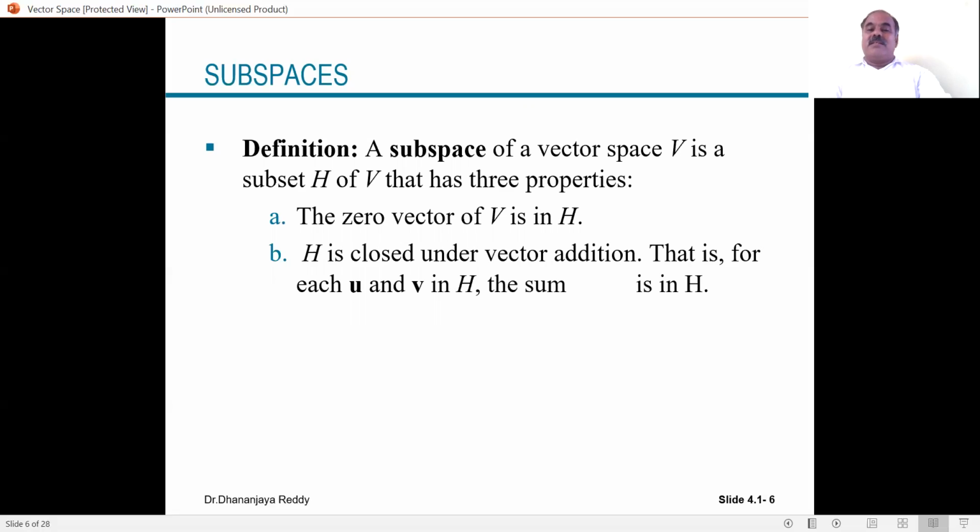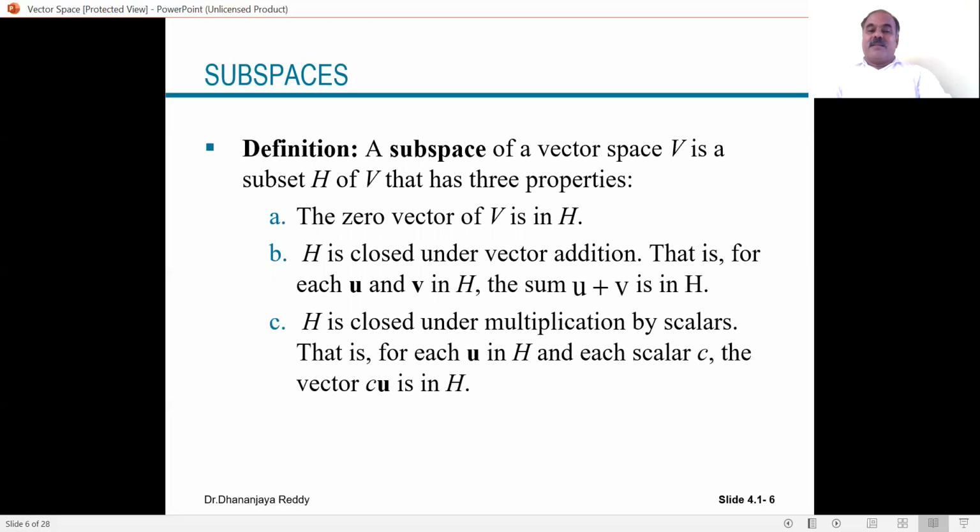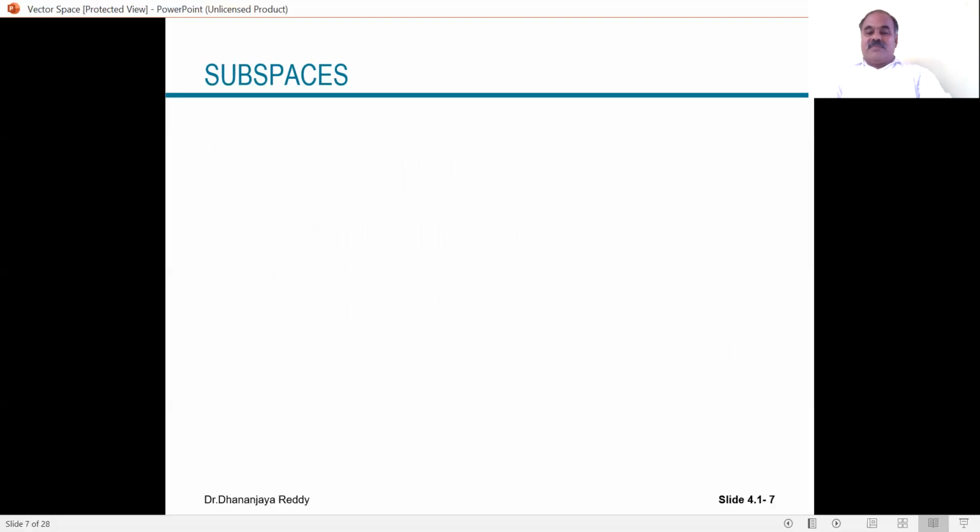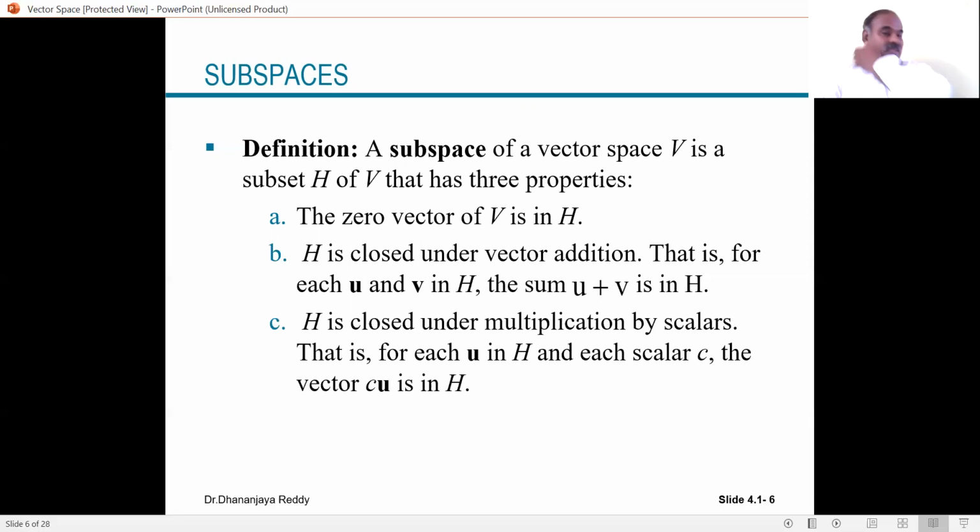That is, for each u and v in H, the sum u plus v is also in H. Next one, H is closed under multiplication of scalars. That is, cu is also in H, where u is in H, c is a scalar. So if these three axioms are followed by capital H in V, then capital H is called subspace of V.